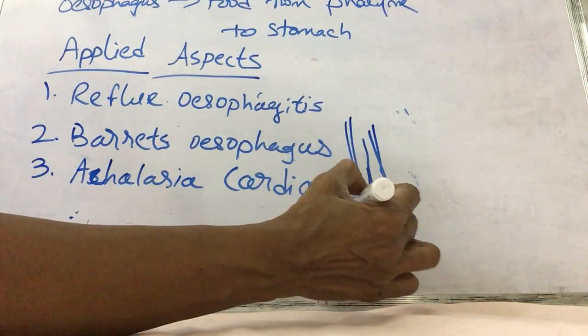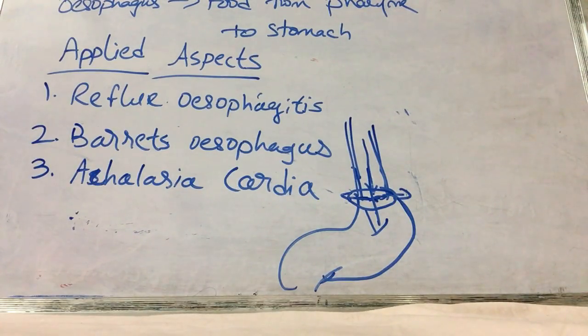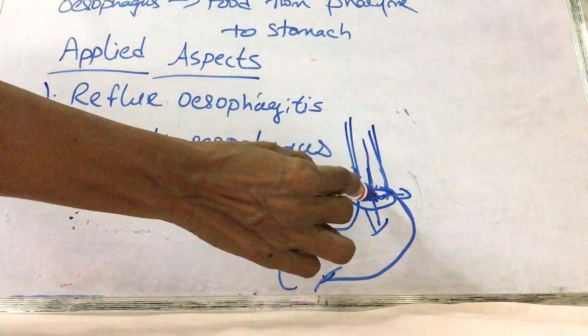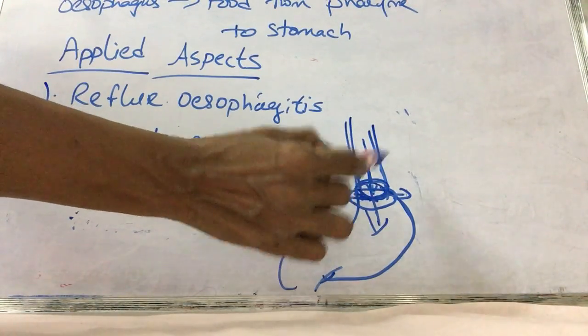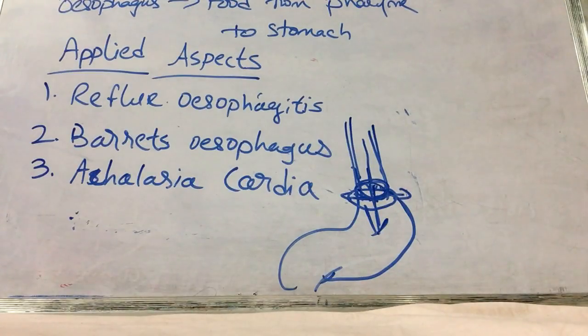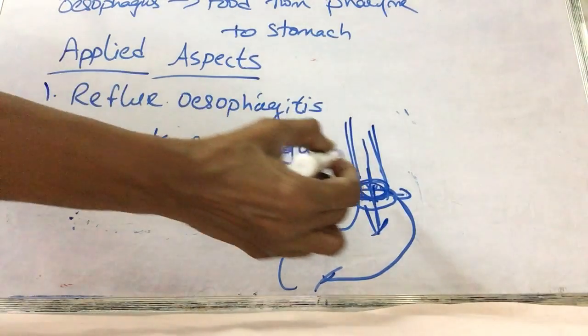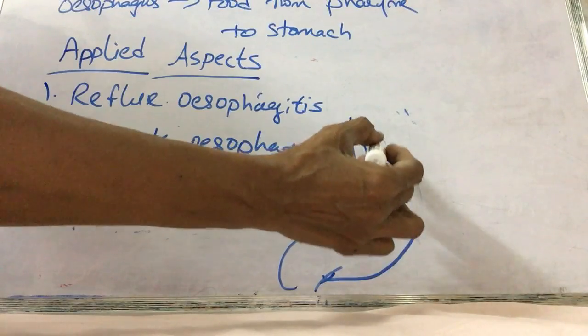But here in achalasia cardia, the lower esophageal sphincter fails to relax. So some amount of food will remain in the esophagus since there is inadequate emptying of the esophagus into the stomach. Due to the presence of food in the esophagus, it will get dilated.